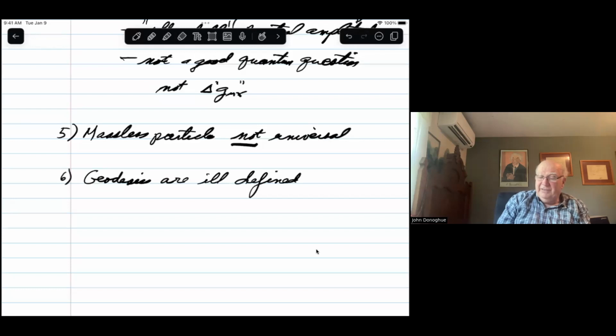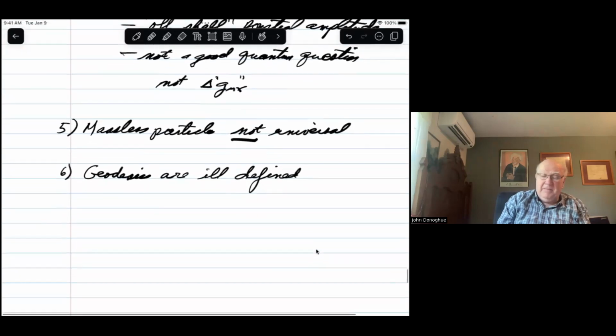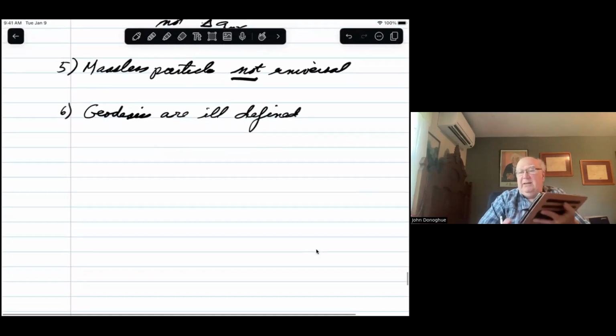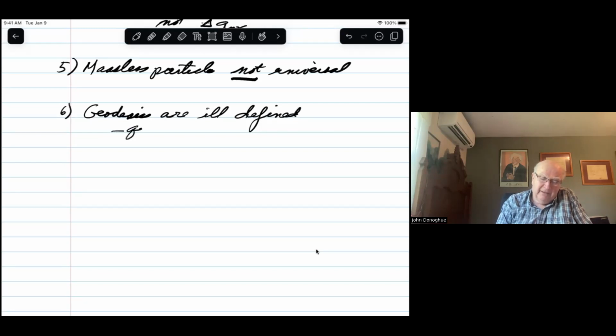Massless particles traveling through gravitational fields are supposed to trace out geodesics. But that's not how the quantum calculations behave. It's partially because the quantum calculations give you tidal effects.